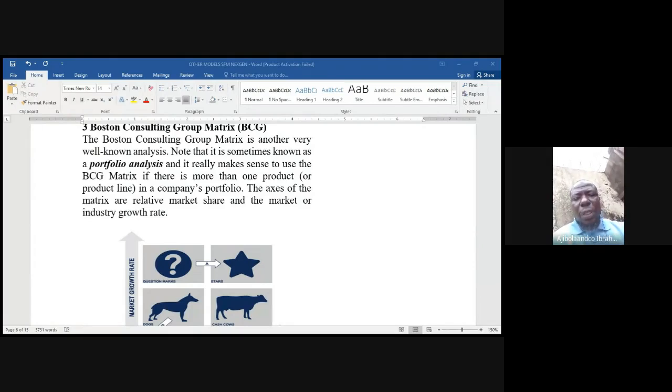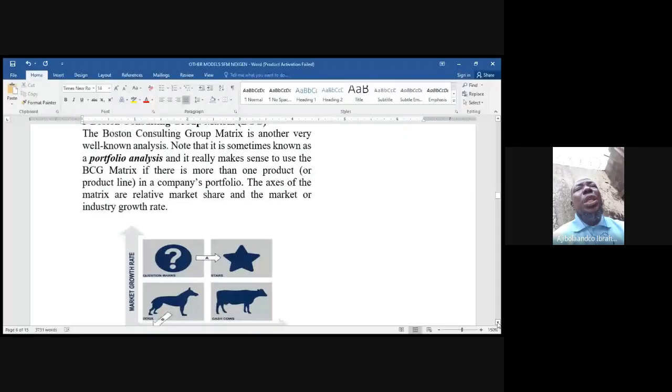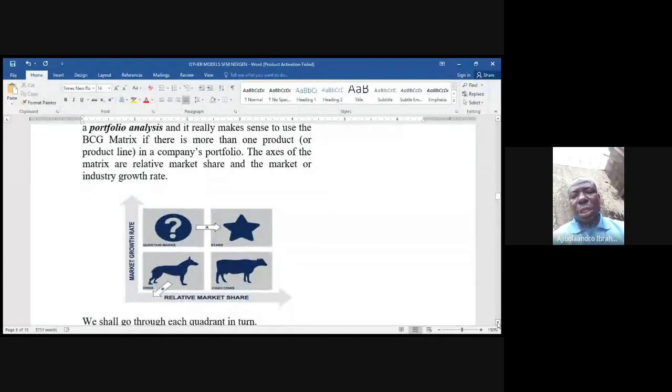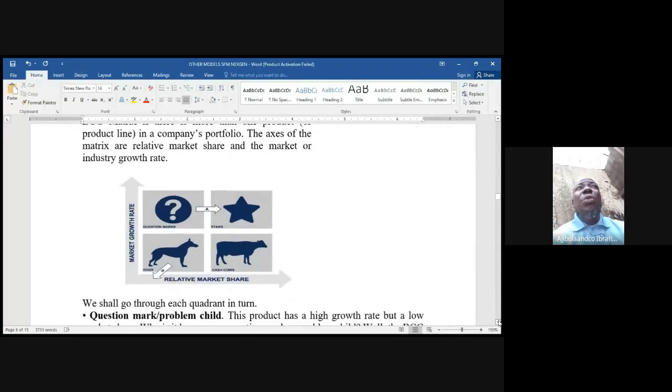Now, the status is BCG for us. In the BCG matrix, the analysis goes with two basic factors, one on the vertical axis and one on the horizontal axis. The horizontal axis has relative market share, while the y-axis has growth rate. Either they call it market growth rate or industry growth rate.